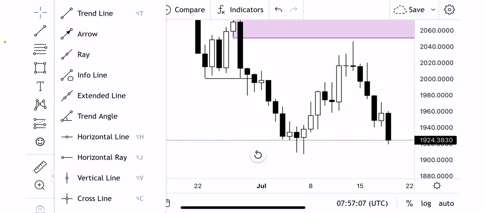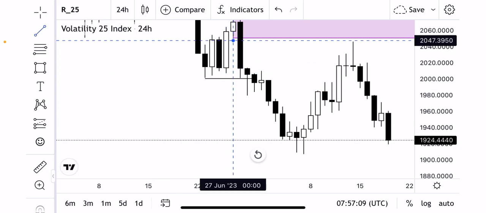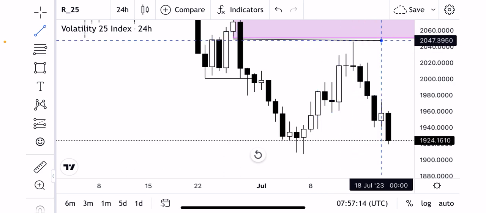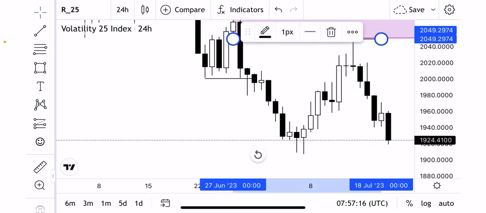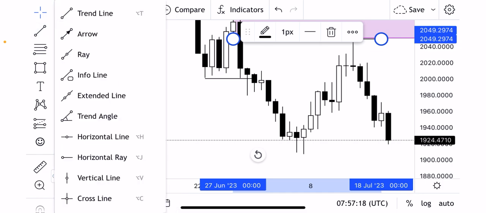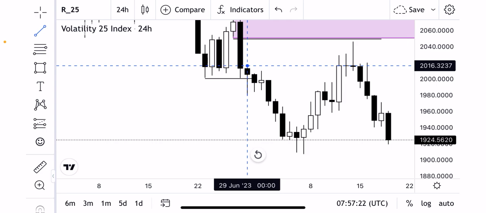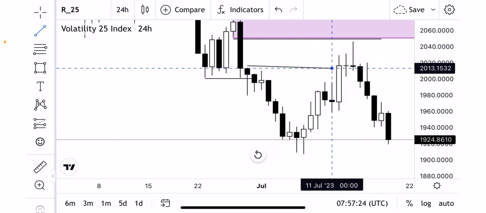You can see this, guys. This is our fair value gap, which is left untested.